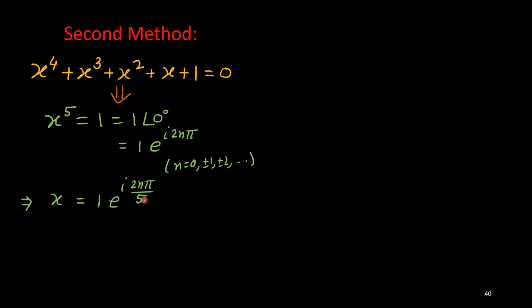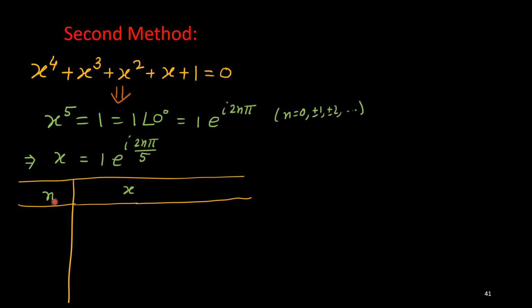Now we need to vary n from 0 to 4 to get all the 5 solutions. Say I'll consider n as 0, 1, 2, 3, 4, and I'll get the corresponding solutions.